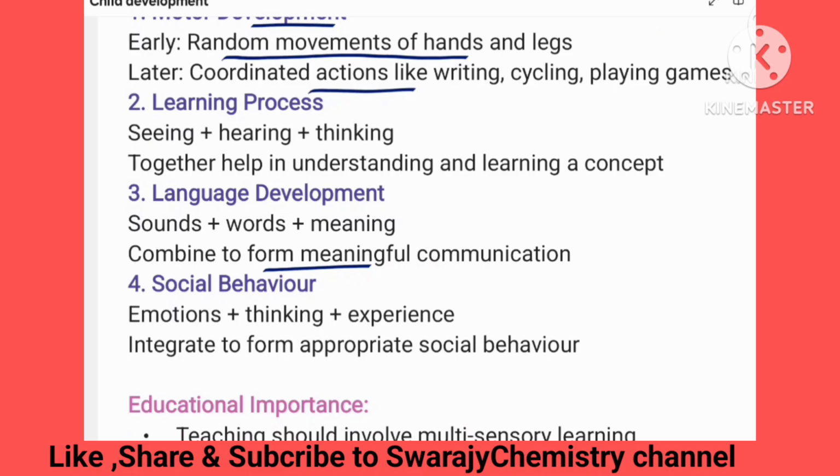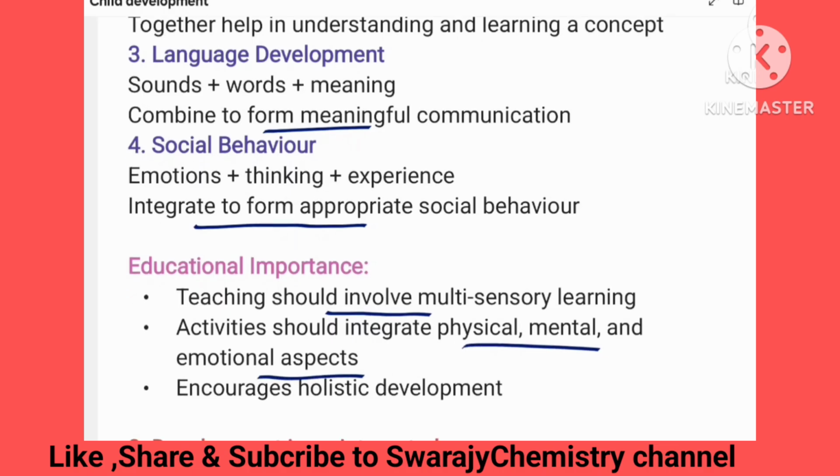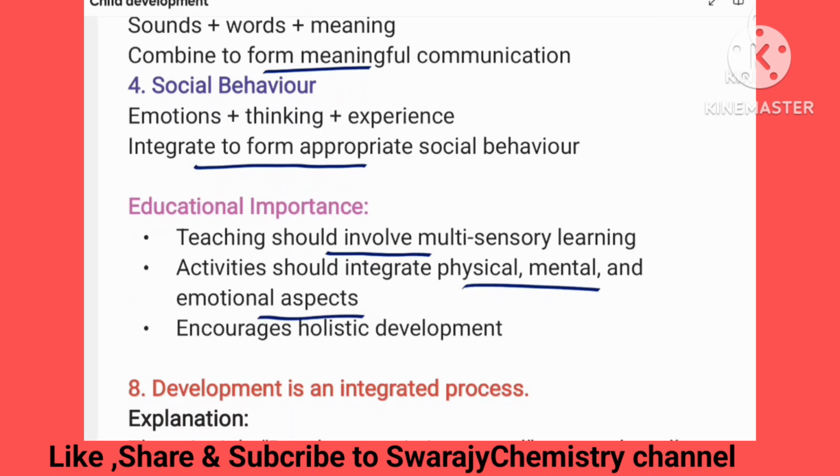Social behavior: emotions, thinking, experiences integrate to form appropriate social behavior. Educational importance of these principles: teaching should involve multi-sensory learning. Activities should integrate physical, mental, and emotional aspects, encouraging holistic development.